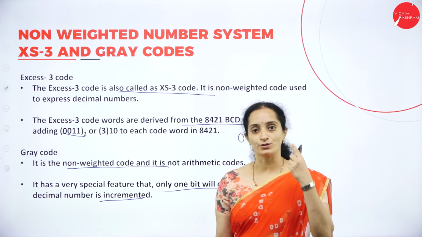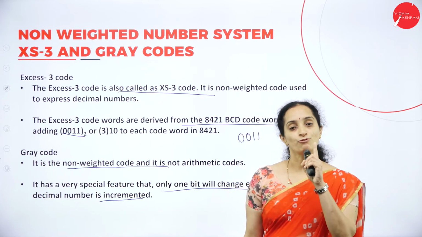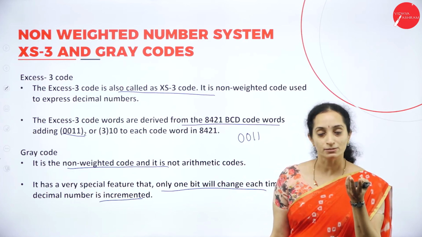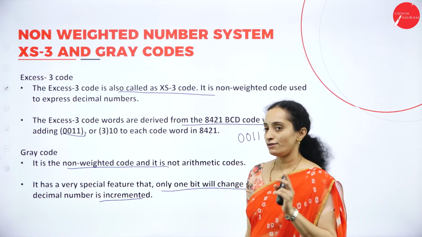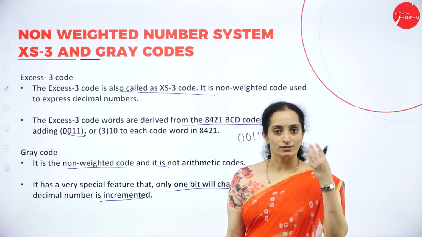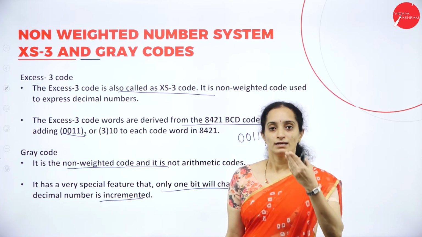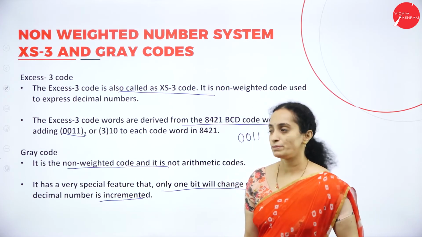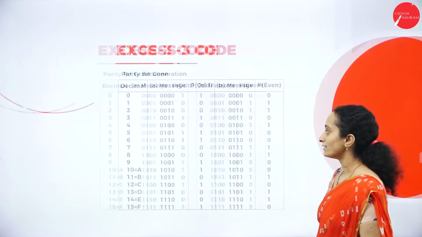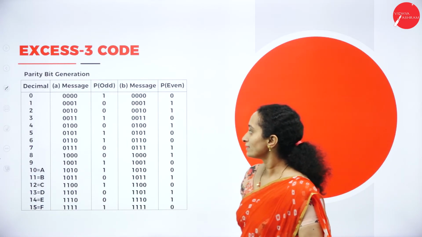If you go from 1 to 2, there will be a change of 1 bit. Which bit? We don't know. It will be dynamic. If it goes from 2 to 3 or 3 to 4, each time the decimal number increments, there will be a change of only 1 bit in the number in a Gray code.